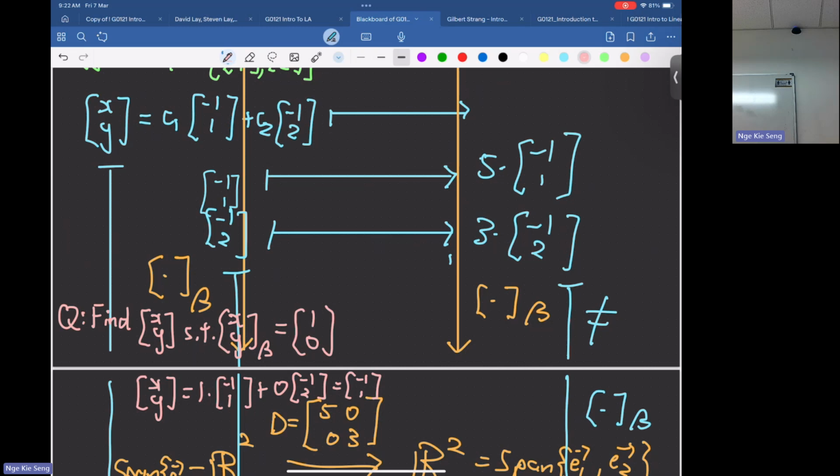This notation, this B here, is very important. It tells you how you express (x, y) in terms of the elements in B. Then you just read out the coefficients. So this coefficient turned out to be the standard basis vector.